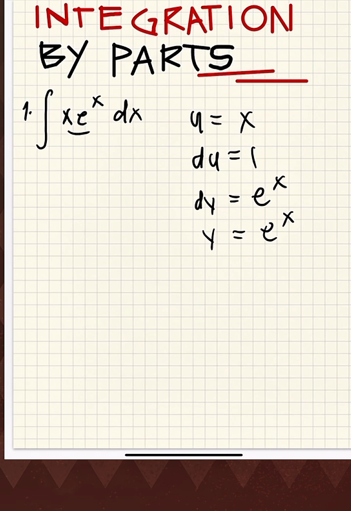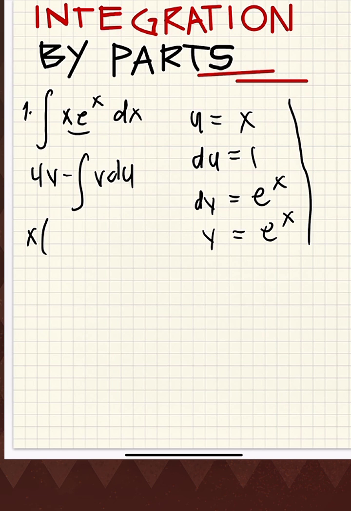And this we have to substitute in our formula, which is uv minus the integral of v du. So our u is x, the v is e raised to x, minus the integral of e raised to x, the du, which is 1.